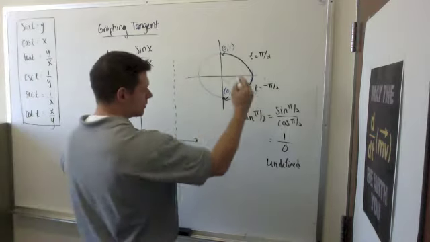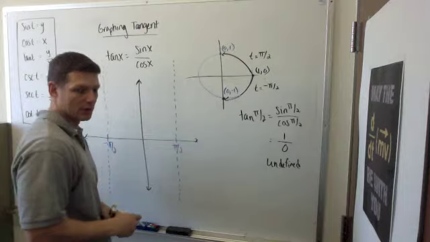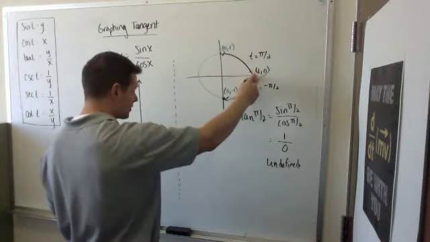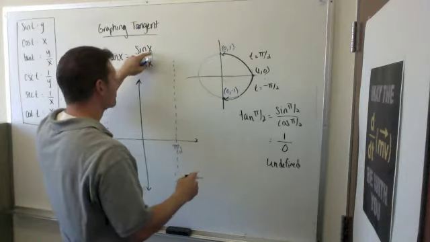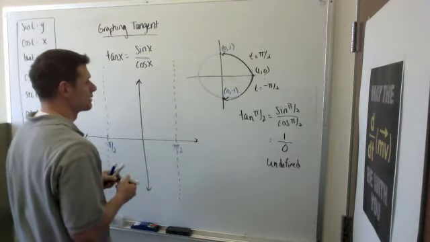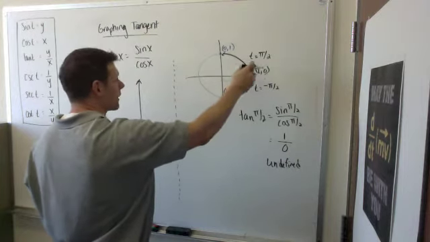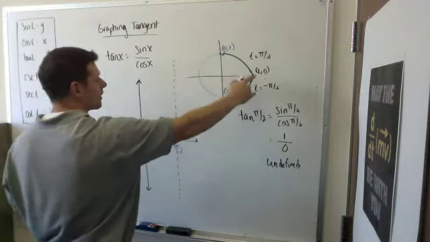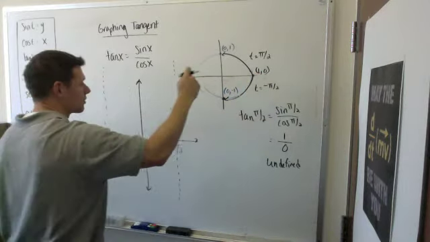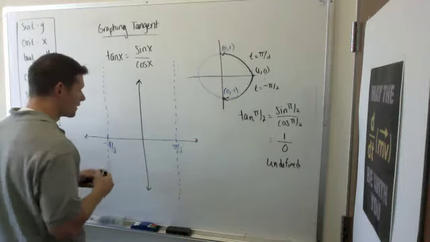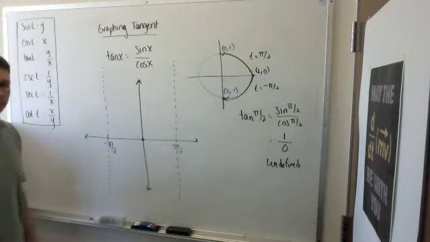Here's the point 1, 0, for a value of t equal to 0. Sine of 0 is the y-coordinate, which is 0, divided by cosine of 0, which is 1. So 0 over 1 is 0. So we know that tangent has a point right here.